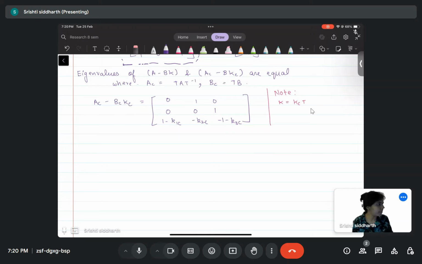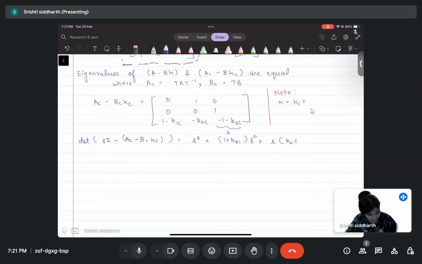This is simply the determinant of sI minus Bc, and it is simply s cubed plus (1 plus K3C), so negative of this, times s squared plus s times negative of K2C, negative of the first coefficient K1C minus 1 equals 0.